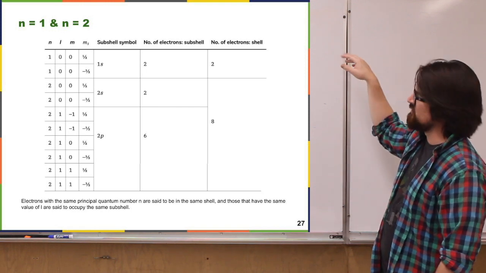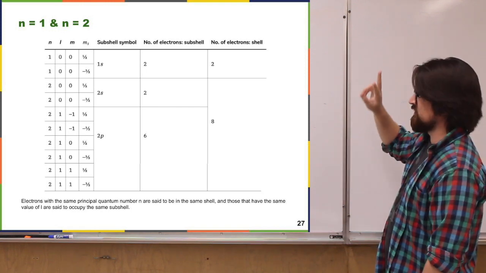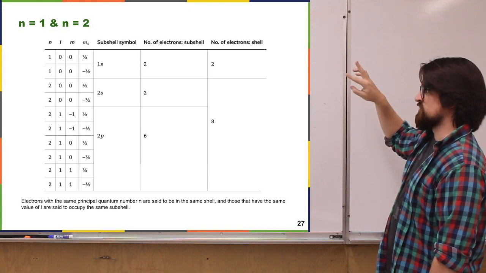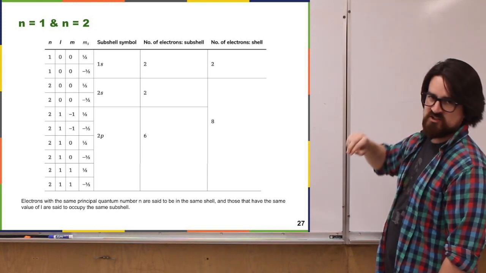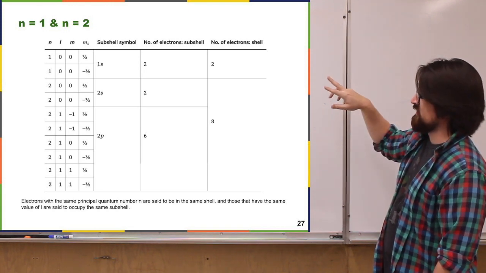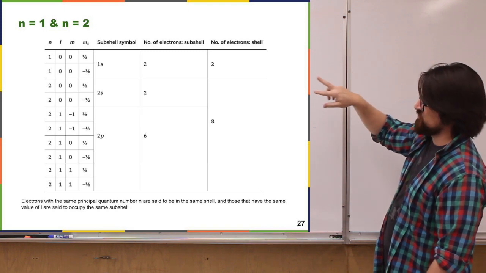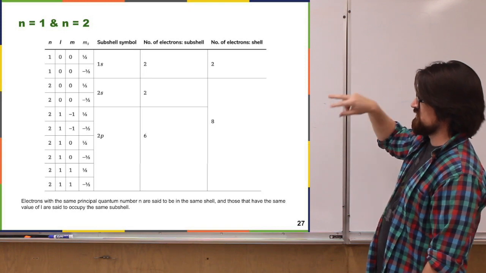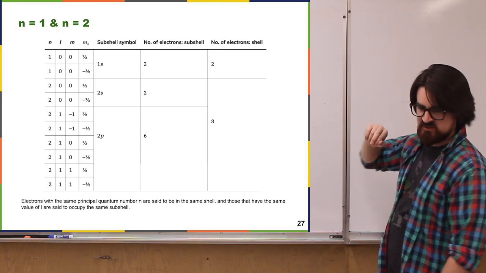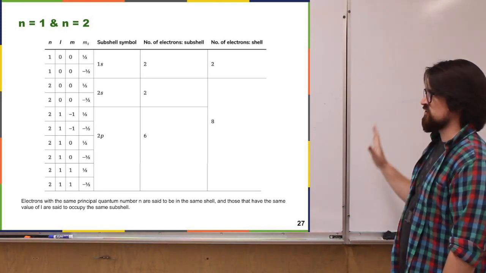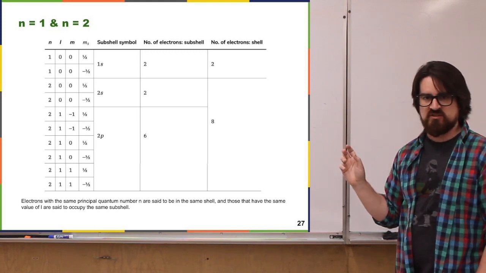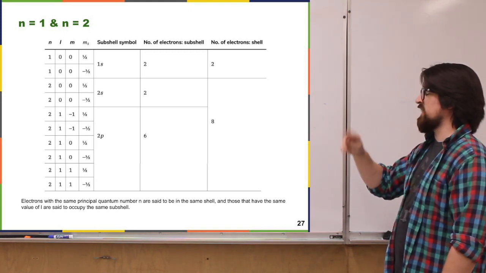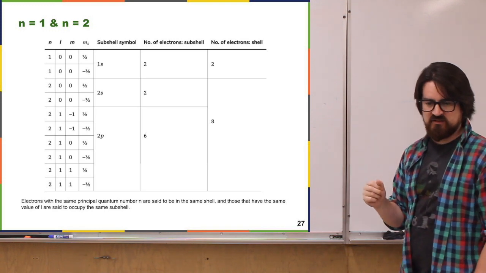With n equals 1, you can have 2 electrons. When n equals 2, there are subshells, because L can take on multiple values. The 2s state has 2 possible positions for electrons. The 2p state has 6. So in total, for n equals 2, there are 8 possible positions for electrons, or you could say that 8 electrons are allowed in that shell.